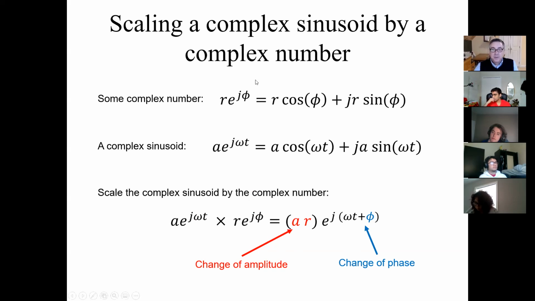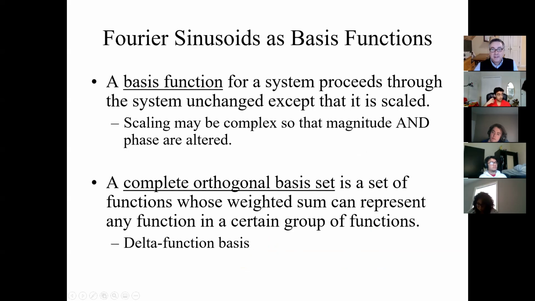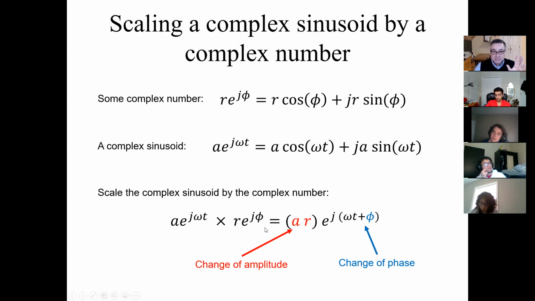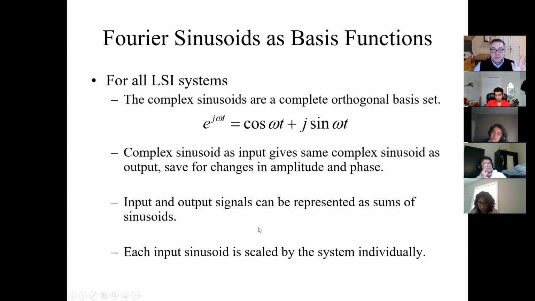So that's what we mean by the Fourier sinusoids going through linear shift invariant systems unchanged except by scaling, in this case complex scaling. That may alter the magnitude and it may alter the phase. So I more or less said this for all linear shift invariant systems: the complex sinusoids are a complete orthogonal basis set.